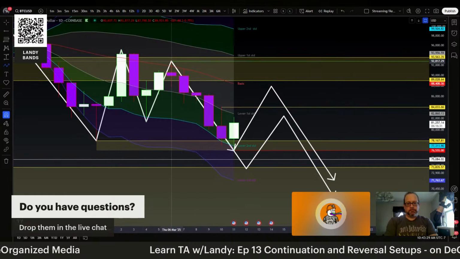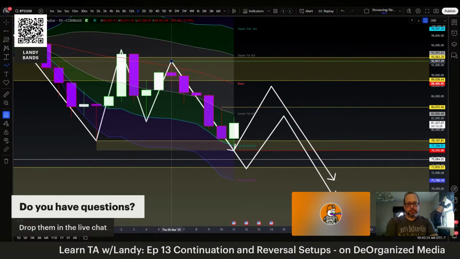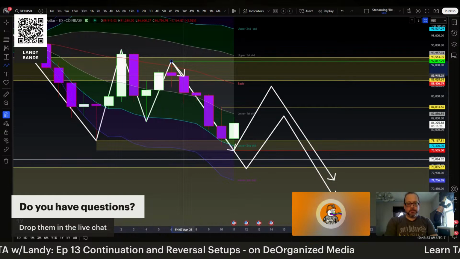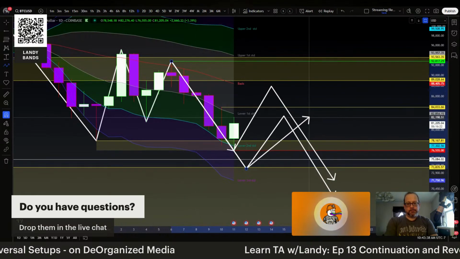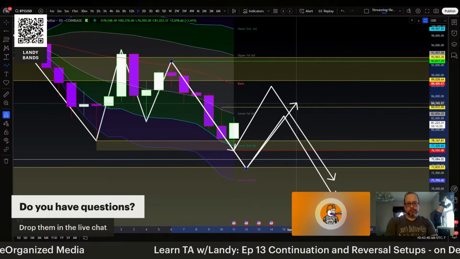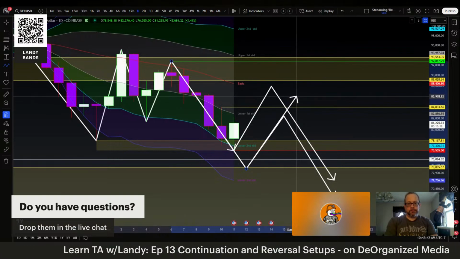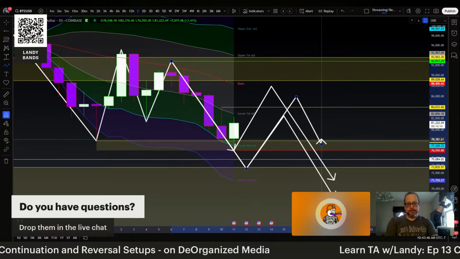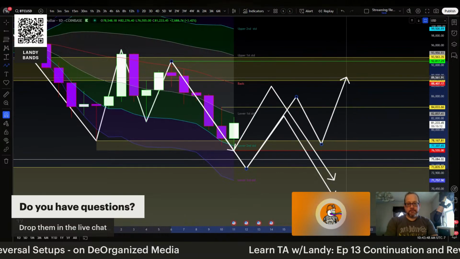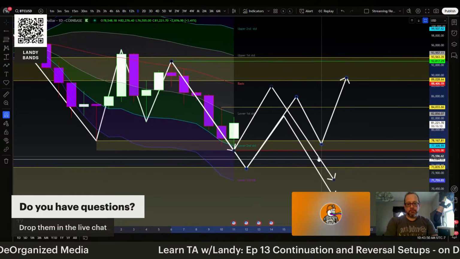And then we have the other possibilities where we could see these bearish trends start to play out into a bullish trend, where we see another lower high, right? But then we see higher low, equal low structure, and then it takes out that lower high and starts to head up, right?